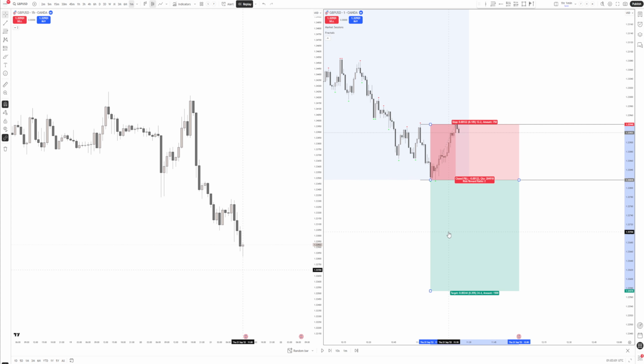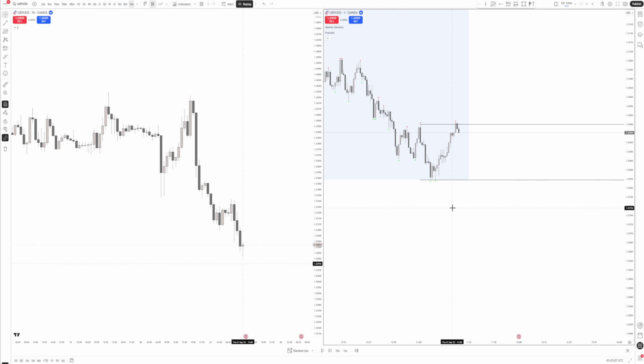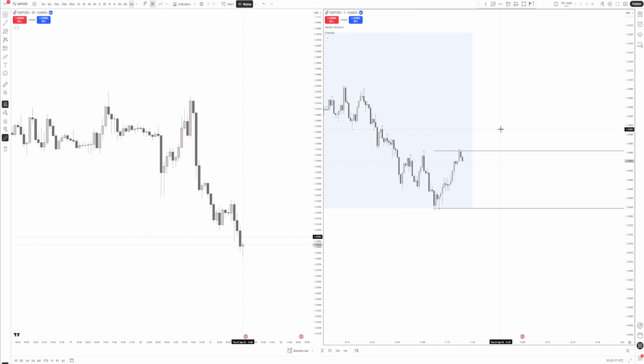I'm no longer bearish, but we need this candle to close first. So let's get rid of this. You can see the external high here that was there has been broken. And now what we're going to do is we need to wait for the new hourly candle to print.